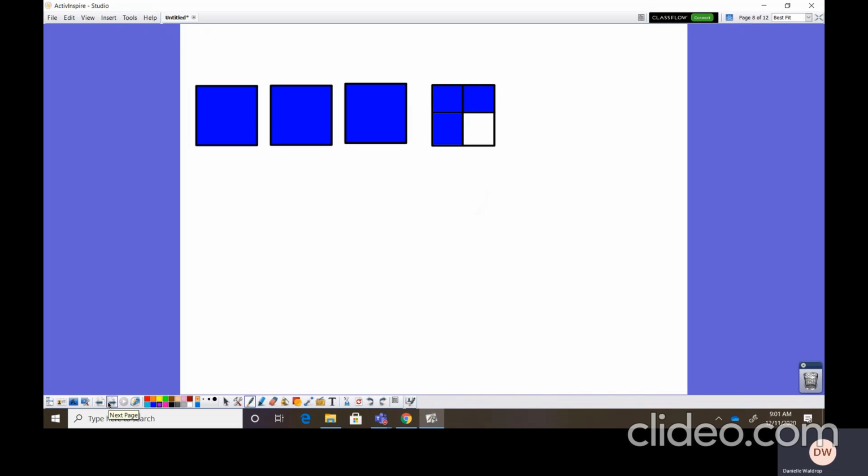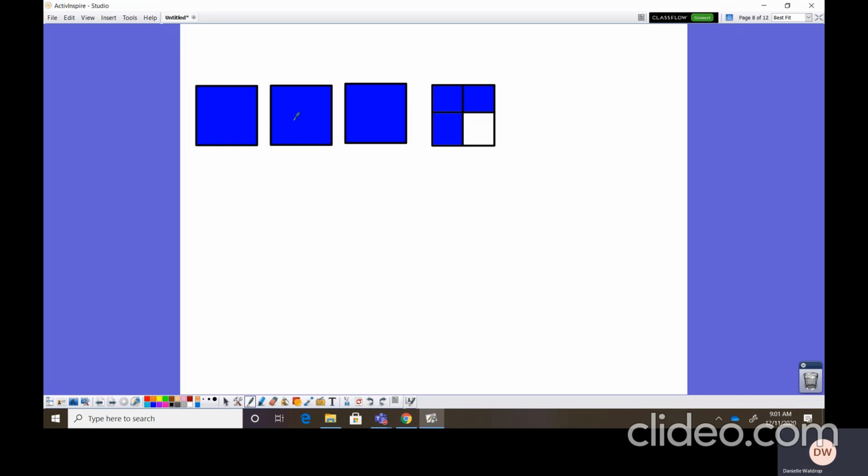For the last couple minutes, let's go over, tell me on this one, tell me what this number would be. Obviously, I know this is going to be a mixed number, okay, because I see some wholes and I see a fraction. So how many whole squares do we have there?